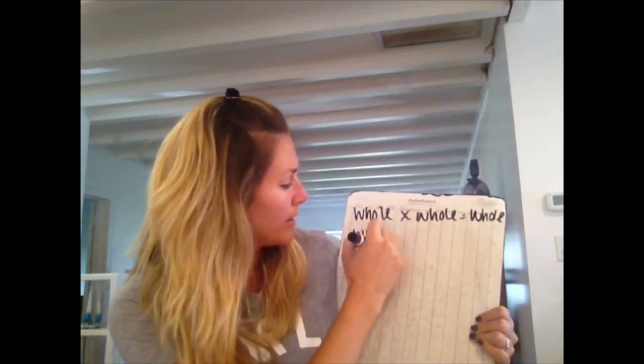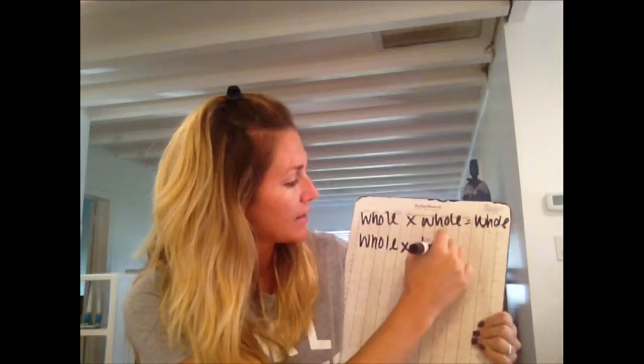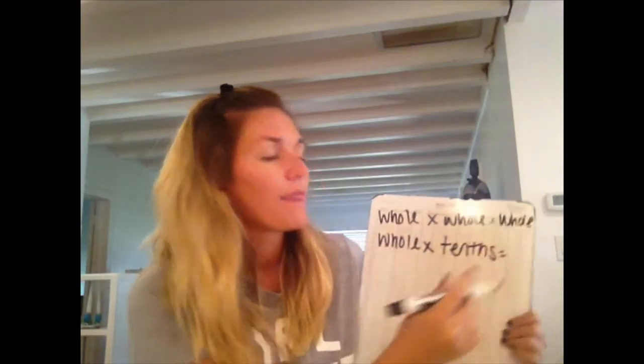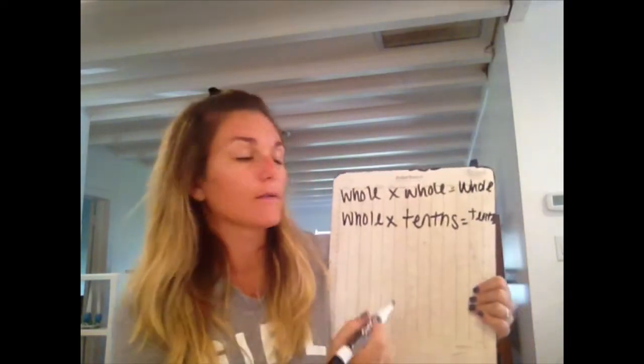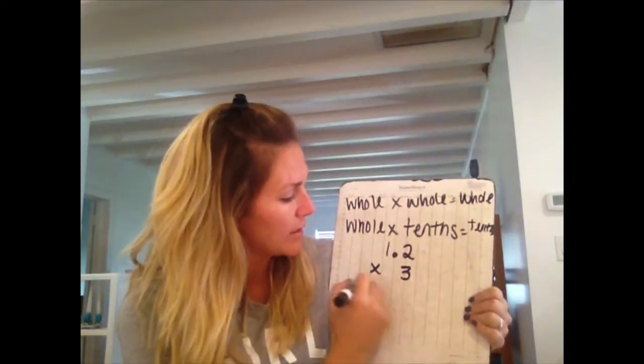Now, whole number times a number to the tenths place, okay? That means that my answer is going to be a tenth. I'm going to have my decimal in the tenths place. So let's say I have 1 and 2 tenths times 3, okay?